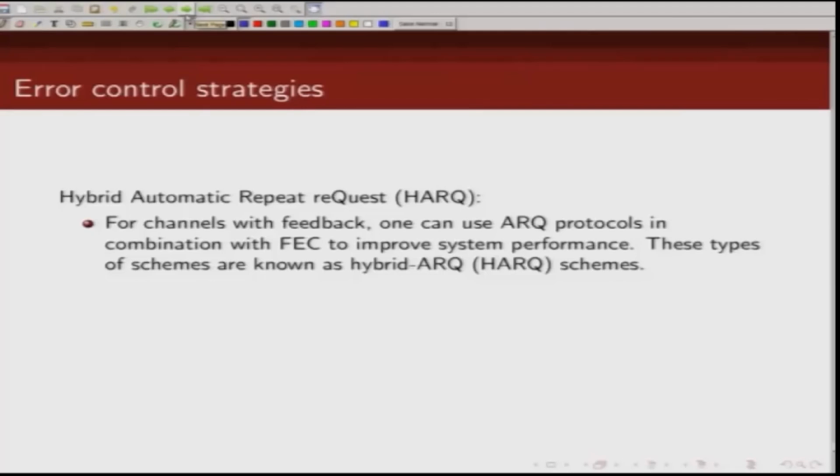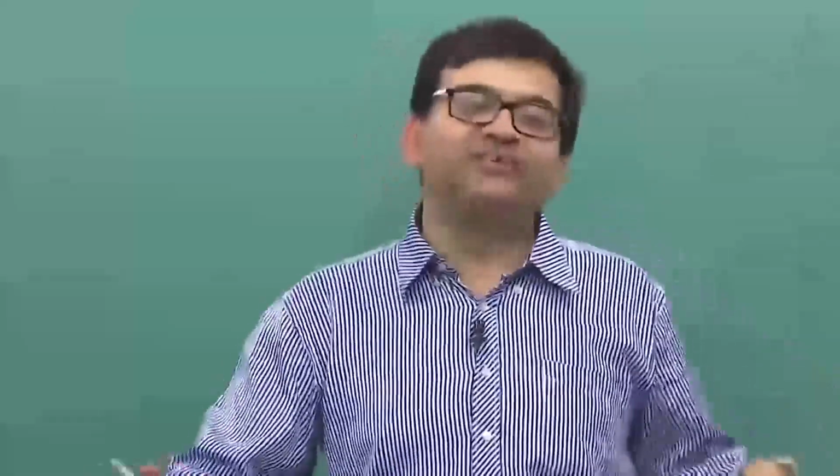A strategy that combines both forward error correction and ARQ is known as hybrid ARQ system. In this, you send coded packets from transmitter to receiver. Now, if these coded packets are not received correctly, the receiver will send a negative acknowledgement, and then you will resend the same packet, or you will try to send some additional parity bits, and using those additional parity bits you will try to now decode the original packet.